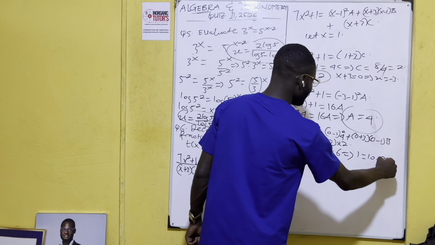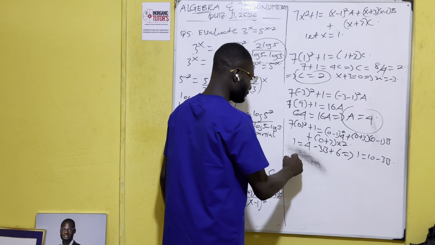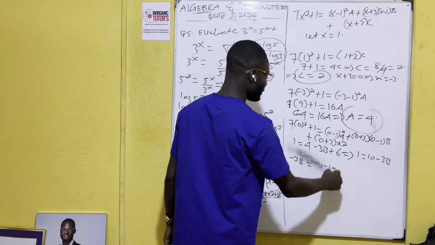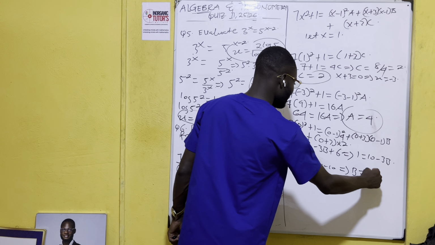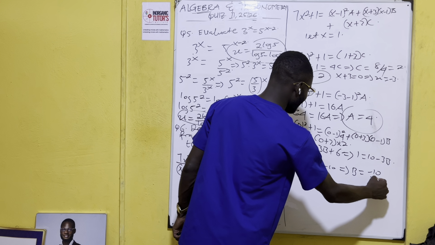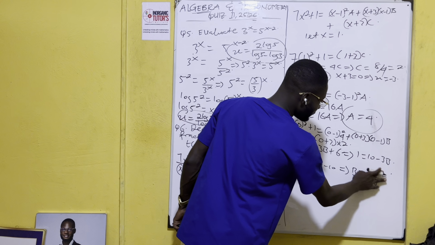So we have 10 minus 3b. Now we need b, so we send this here. We are going to have minus 3b is equal to 1 minus 10. So this implies that our b is equal to minus 9 divided by minus 3, and that is positive 3.